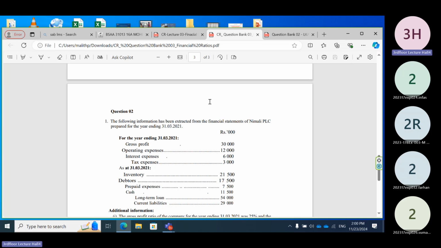Okay. So this interest expense is not 22%, right? It's 11%. I had taken the operating expense. So there is 6% of 6,000.